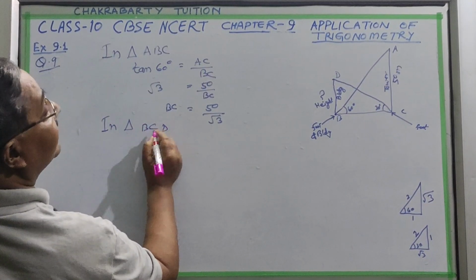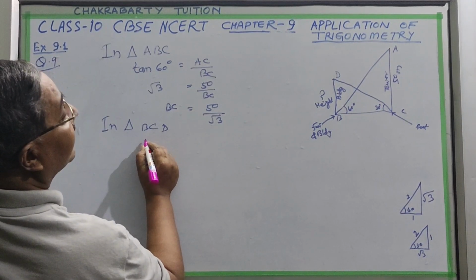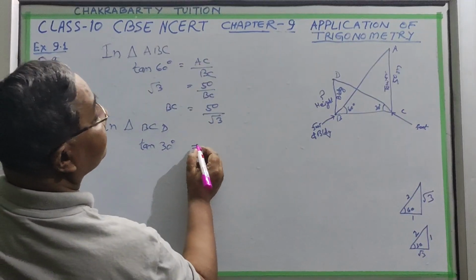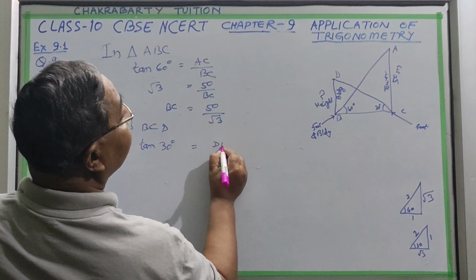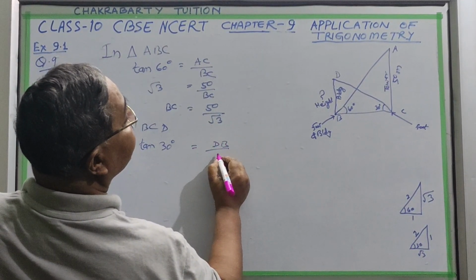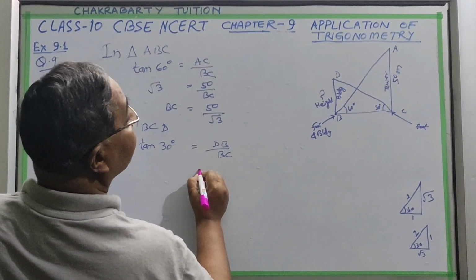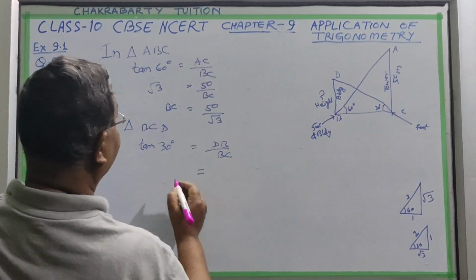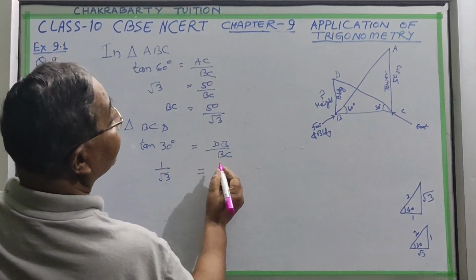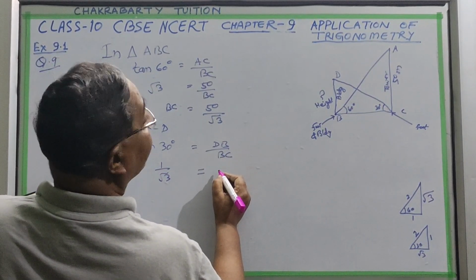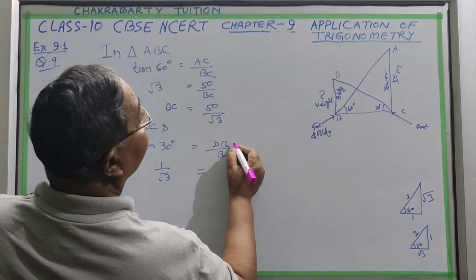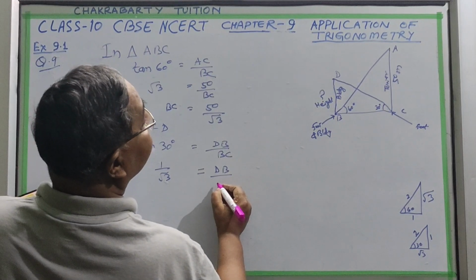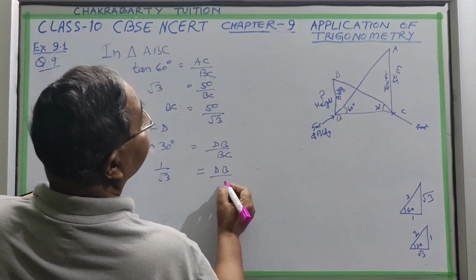BCD. So here tan 30 degrees will be DB upon BC. So tan 30 is 1 upon under root 3, and DB we have to find out.